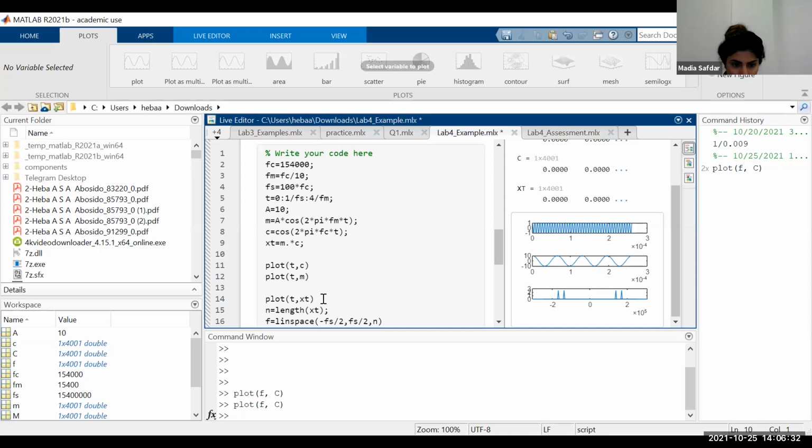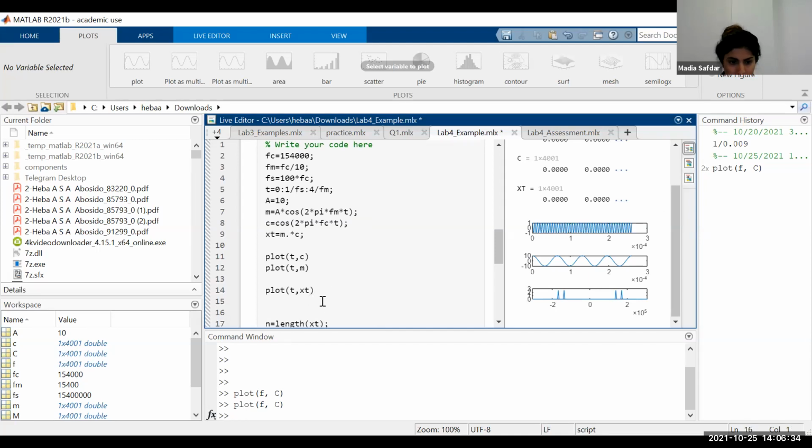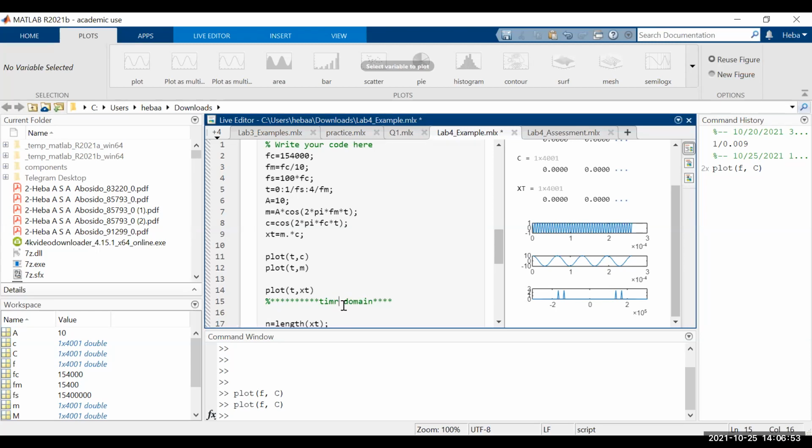So until here, there is a star, this was time domain.